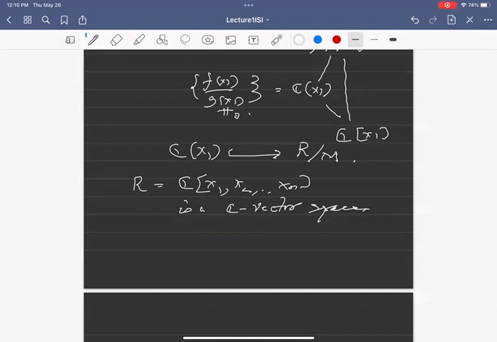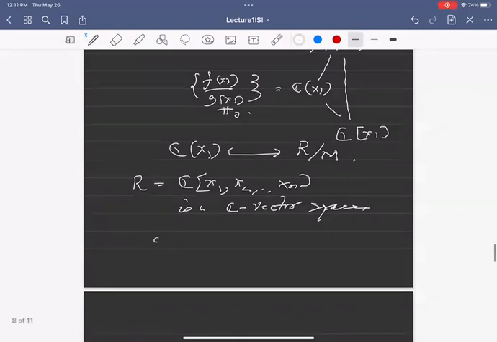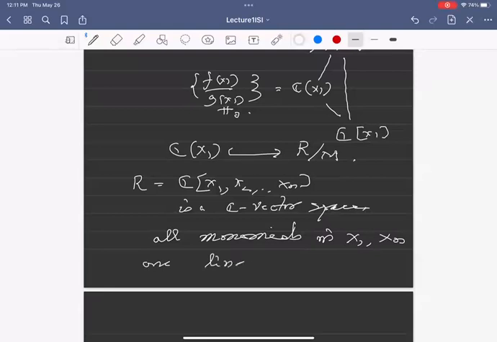So therefore, all monomials in x1 up to xn are linearly independent.